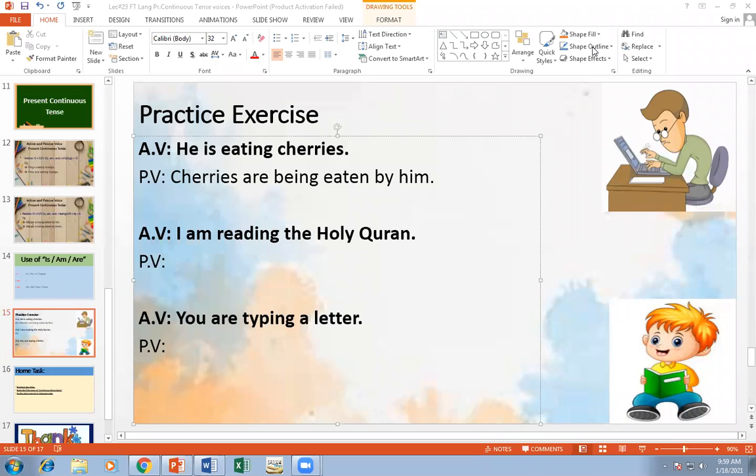I am eating an apple. Saad, now you are going to change it into passive voice. An apple is being eaten by me. Excellent. Very nice. Super.